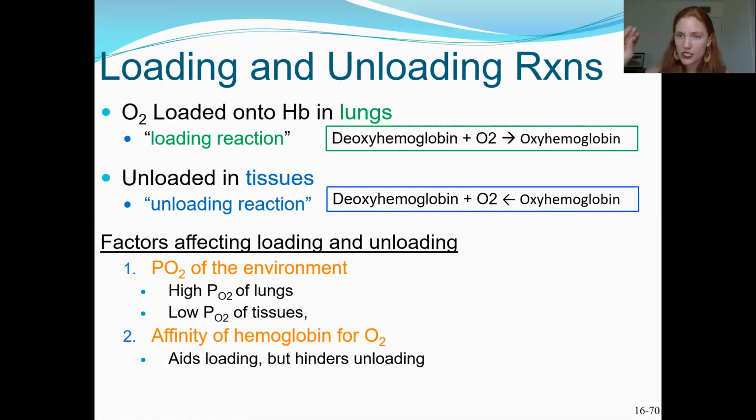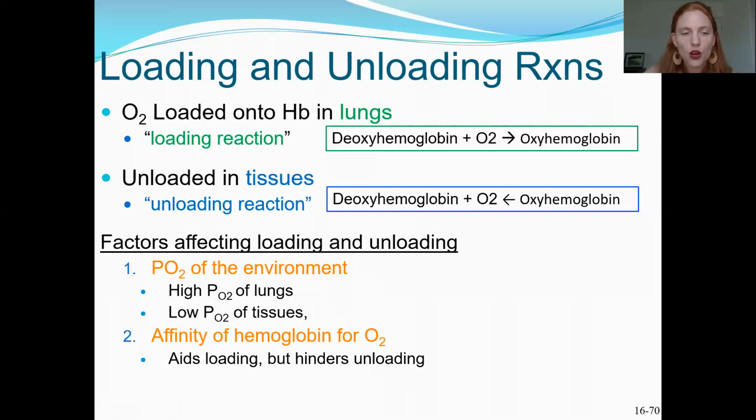So it creates a pressure gradient as you travel along the systemic circuit. And then the second thing we're going to talk about is the affinity of the hemoglobin for that oxygen. And when I say affinity, I mean how much it wants to hold on to that oxygen.